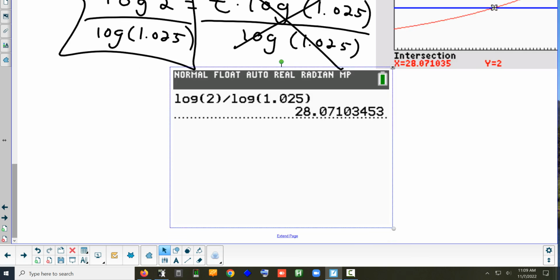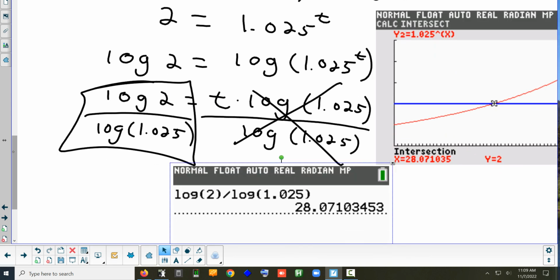And we get exactly the same thing. So in some cases, it might be faster to finish it algebraically than to type it in Y1, type it in Y2, set the window, graph it, and calculate the intercept. This is probably faster to type in. Any questions on how we solve?